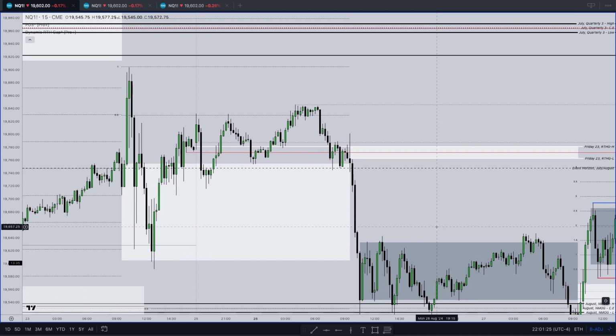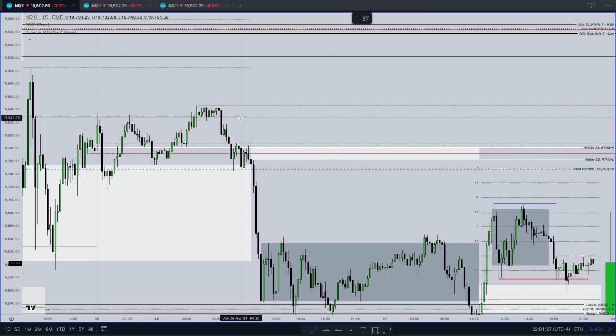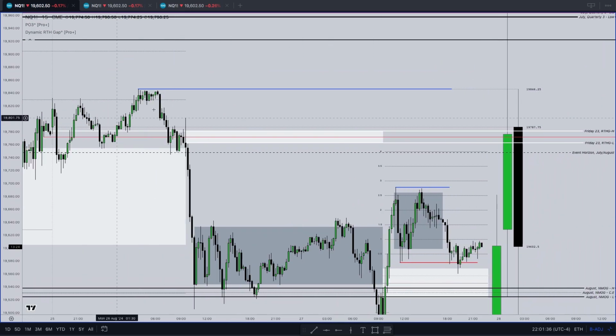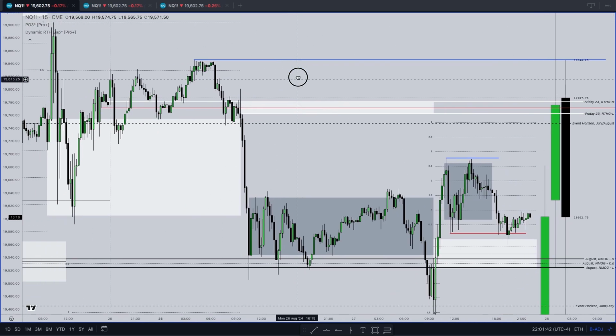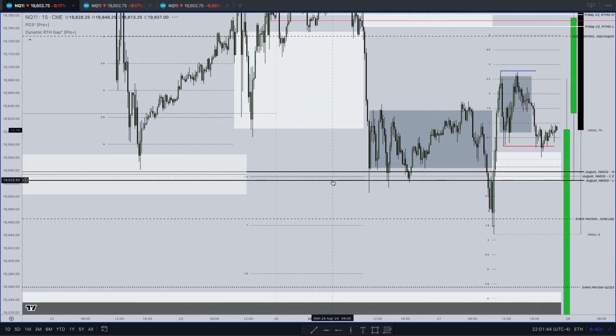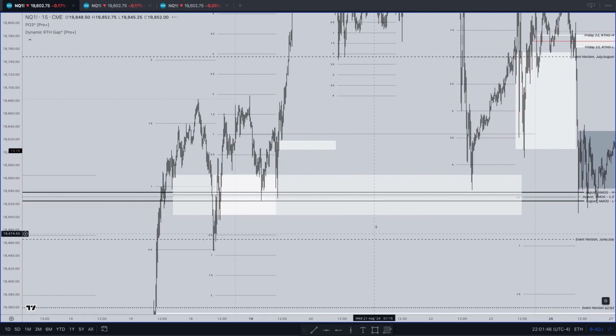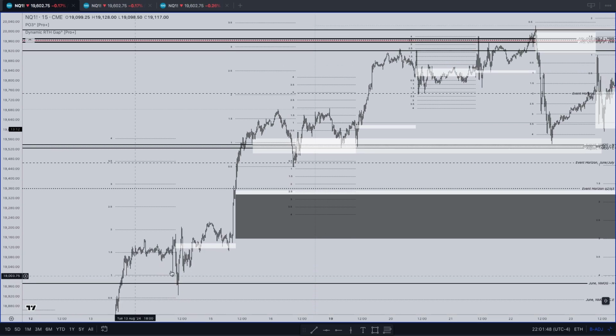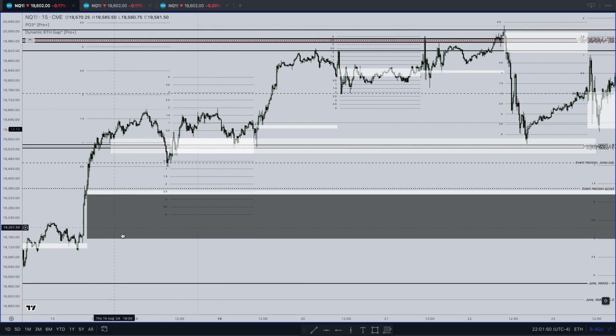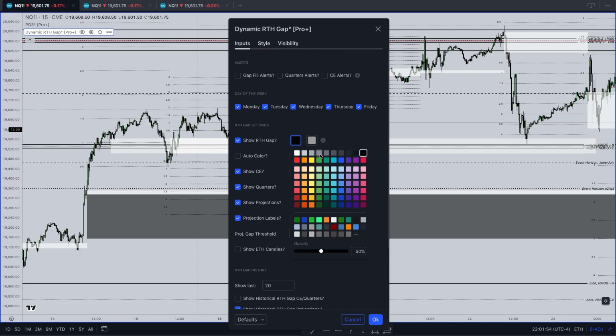Okay, and now we have this, which is really clean. This stops right here. Look, this is just too clean for me. Maybe we can reach this, I don't know if today or this week, but this is too clean for me. But also we have this gap open. I have this color because of the standard deviations.